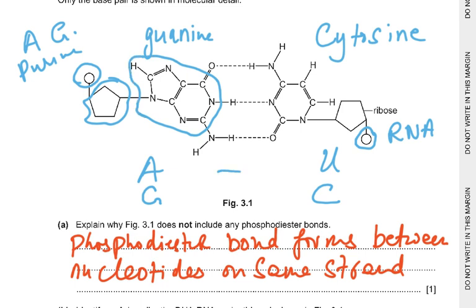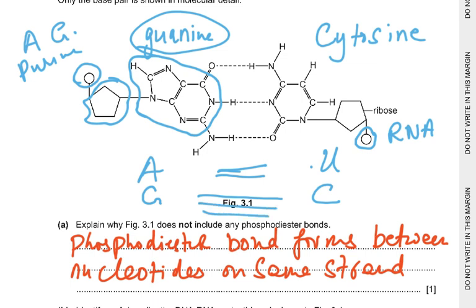If it was adenine, then it would pair with uracil, and that only has two hydrogen bonds in between. But because this is guanine, it pairs with cytosine, and there are three hydrogen bonds between guanine and cytosine. So you can see the 1, 2, 3 hydrogen bonds. The double ring base on the left is identified as a purine, and the single ring is a pyrimidine.